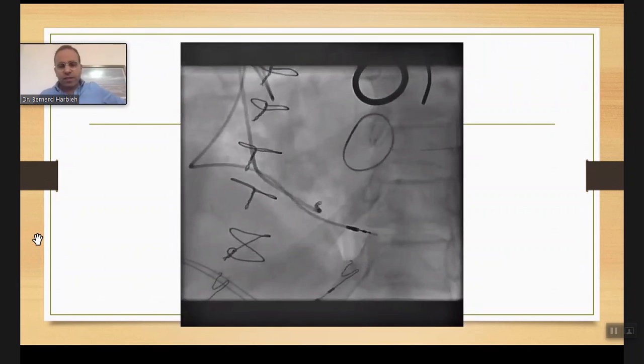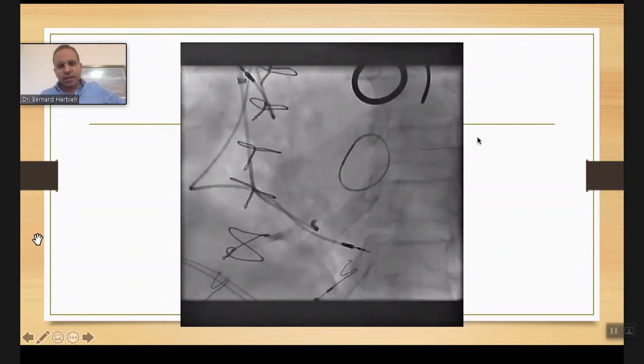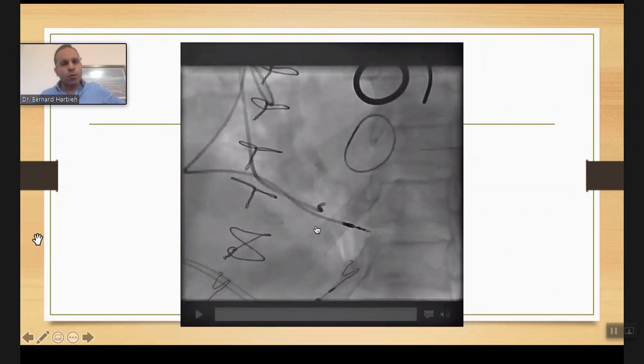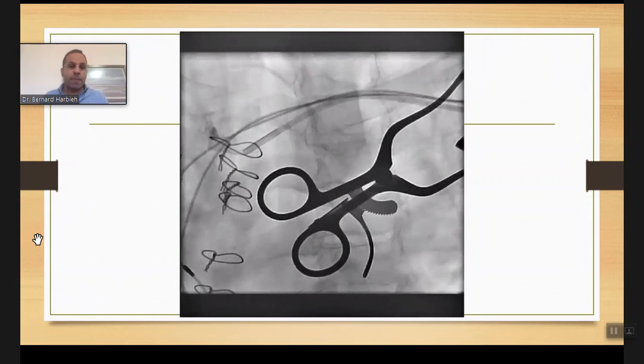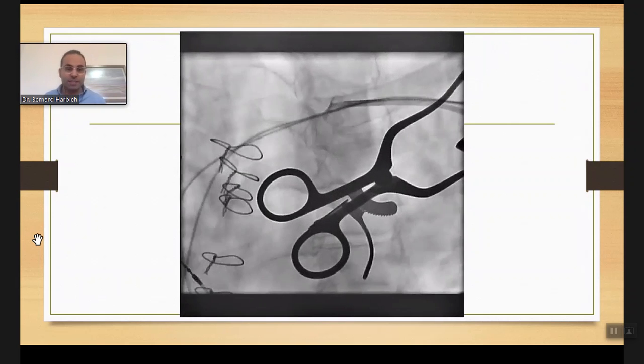And with one of the injections, when injecting here, we saw some whiff going up, but there is another image that I could not download that shows that there is something going up here. So we decided, maybe this is an interesting case, maybe there is another way to advance to the coronary sinus.